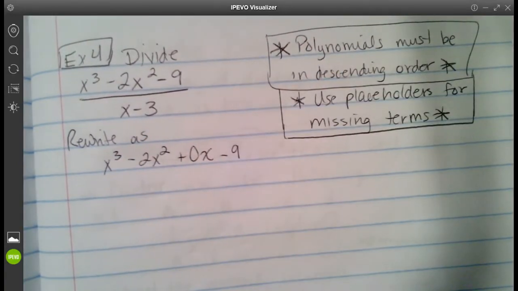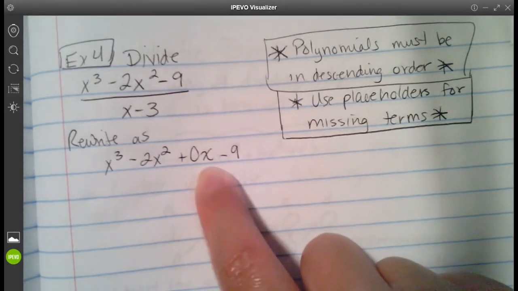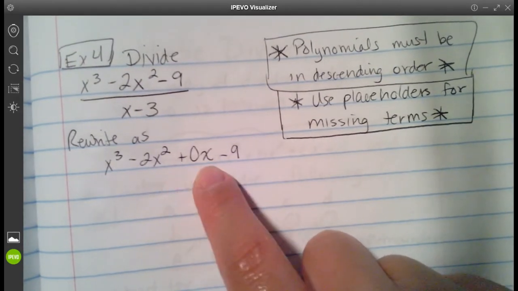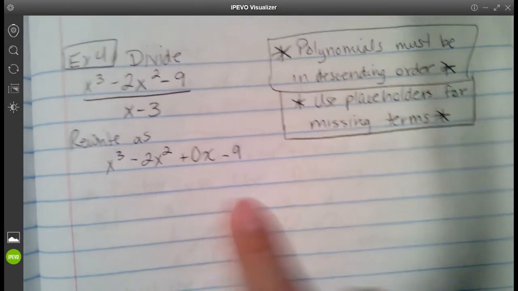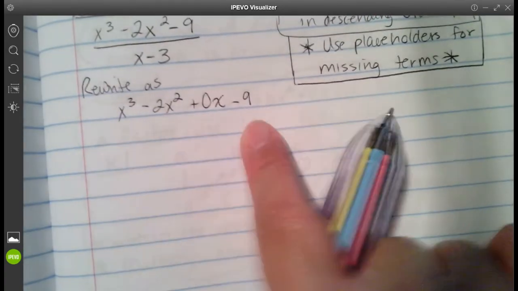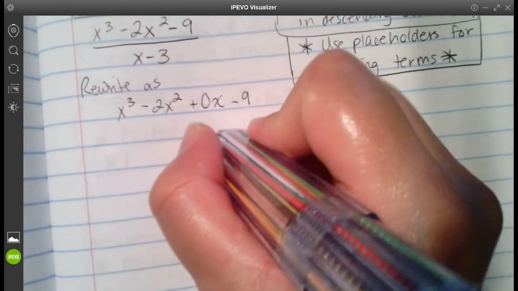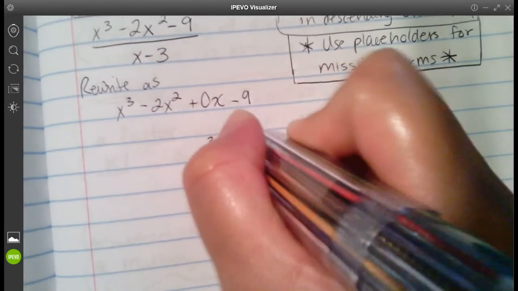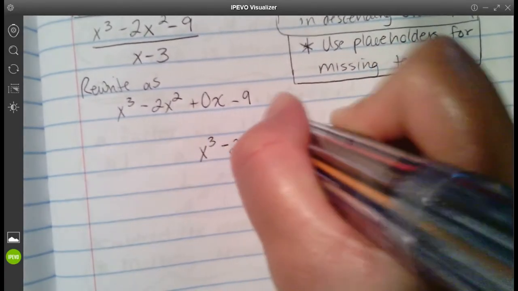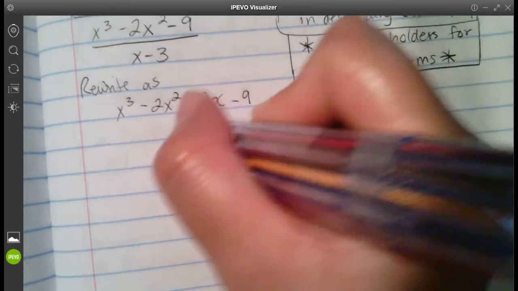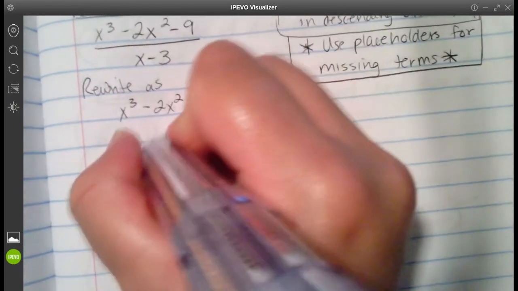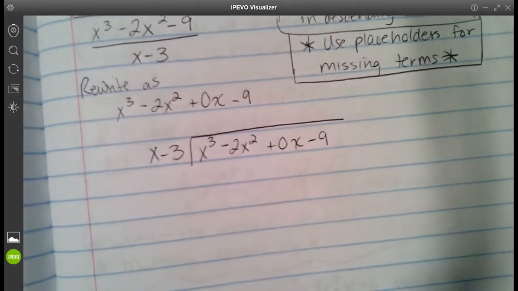And we're allowed to do that because 0 times anything is 0. So it's really not changing anything. We're just putting it as a placeholder. Okay, so let's start our division by using this one now. So I'm going to have x cubed minus 2x squared plus 0x minus 9 divided by x minus 3.